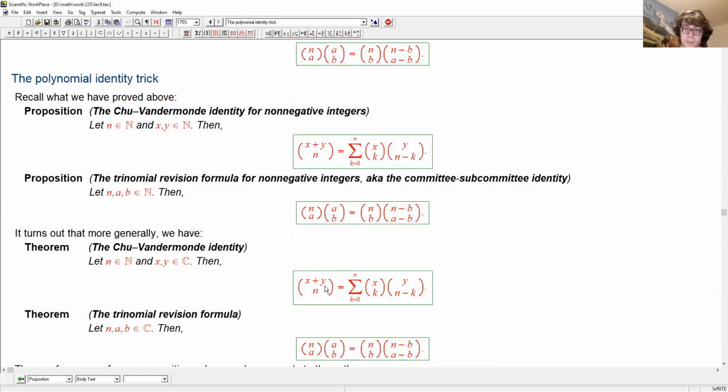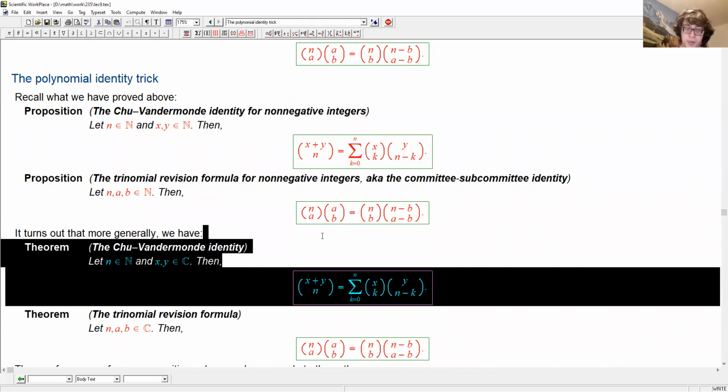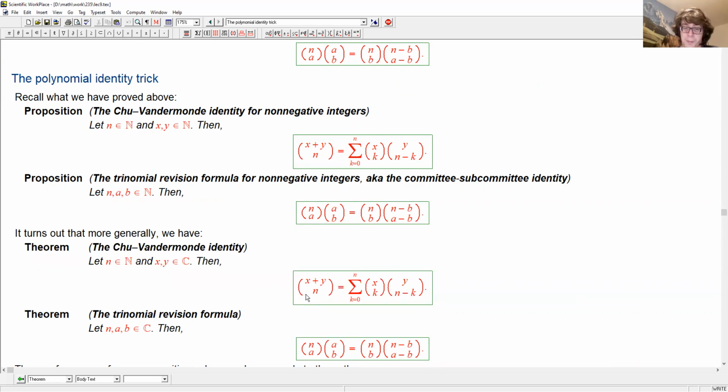Now, as I said, I'm not going to prove the Chu-Vandermonde identity, but the idea is the same, except you have to apply the trick twice. You apply it to x, keeping y fixed, to make sure that x is a non-negative integer. And then once x has become a non-negative integer, you do the same for y. So it's like leg after leg.